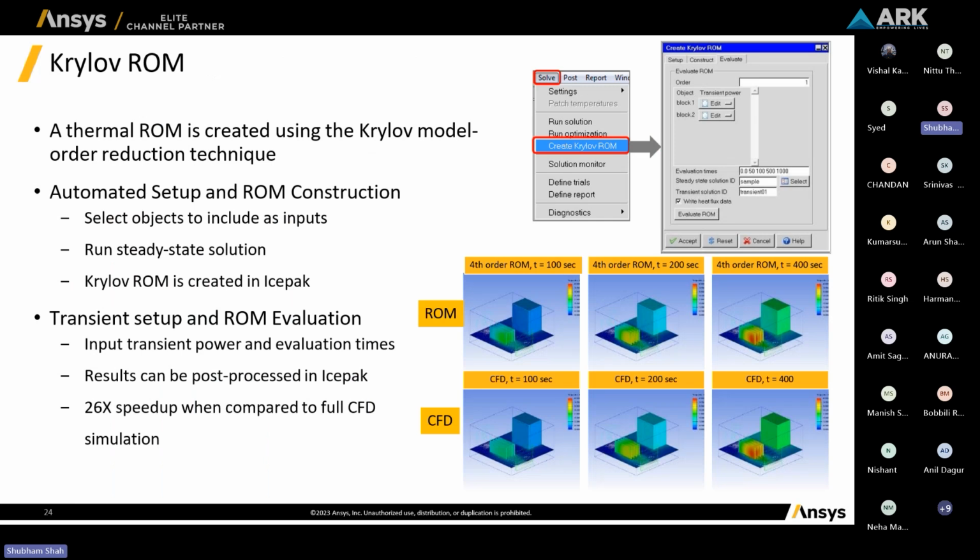This is for the ROM model, which is used to reduce the time of performing the simulation. You will get almost the same results if you go with the CFD or with the ROM, but when you go with the ROM, you get a 26x speed up compared to the full CFD simulation.